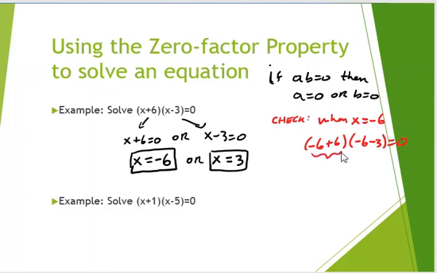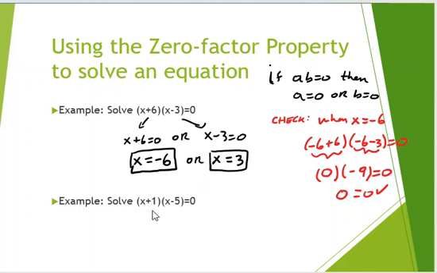Negative 6 plus 6 gives us 0 times negative 6 minus 3 gives us negative 9 equals 0. 0 times negative 9 is 0, which is indeed equal to 0. You guys go ahead and check the other one when x is 3.